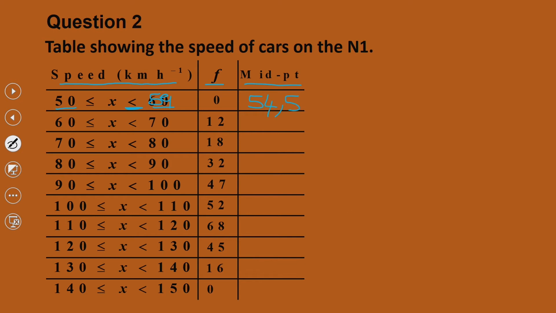54,5. Then we say 60 plus 70, but not plus 70. Remember, what do we say? Because of the inequality sign, we say 69. So it's going to be 69 plus 60, divide everything by 2, that gives you 64,5. Then 70 plus 79, right, divide this by 2, it gives you 74,5.